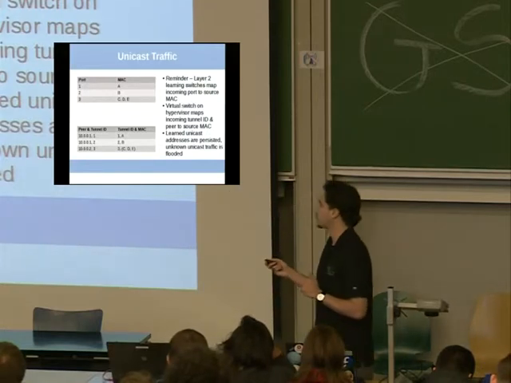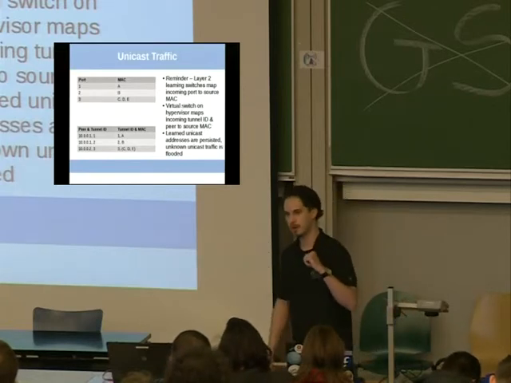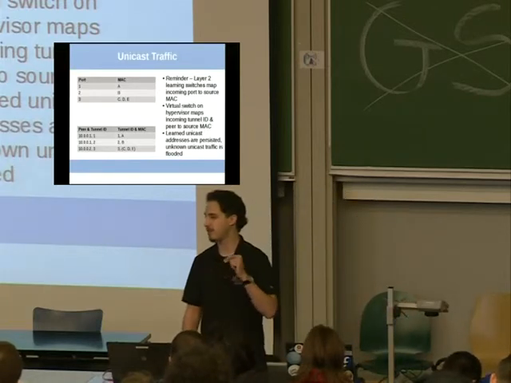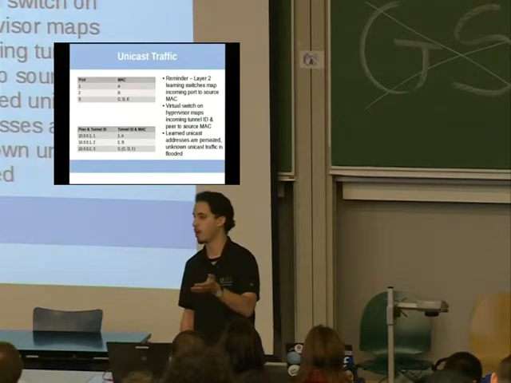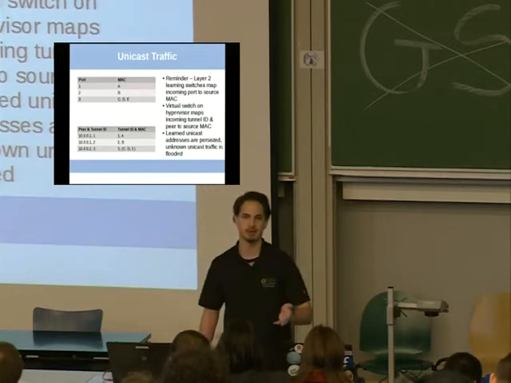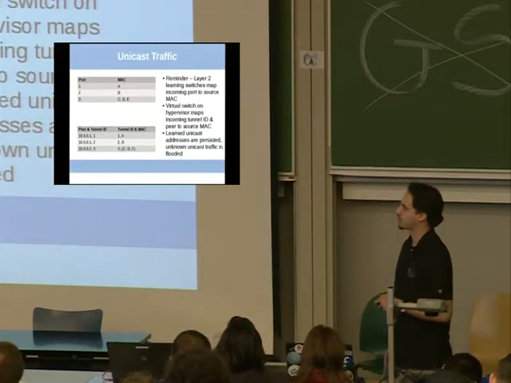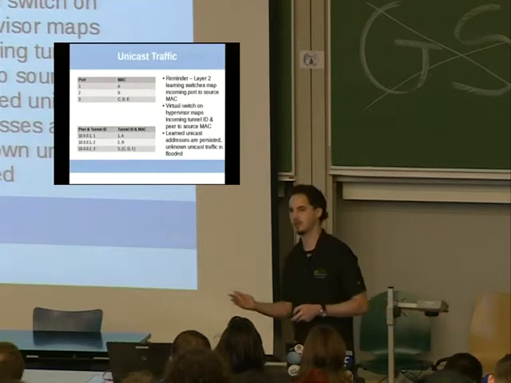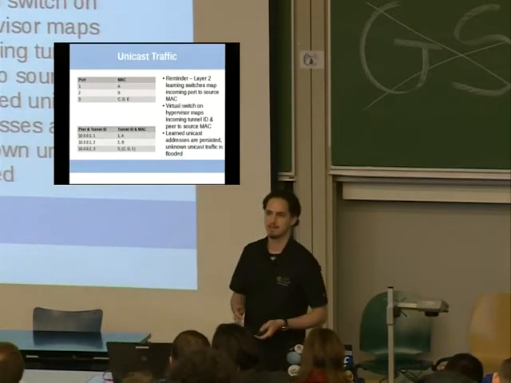If MAC A is the source MAC and it came from port 1, then now I know that whenever someone wants to talk to MAC A, I can just forward it to port 1, and that's where I will find MAC A. That's what layer 2 learning switches do, virtual or physical. So we're doing something very similar.